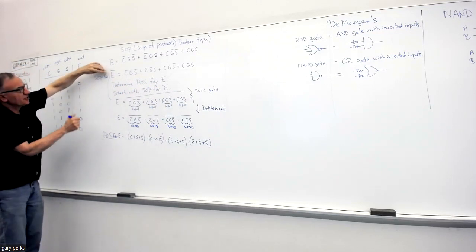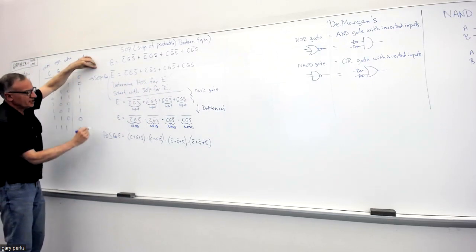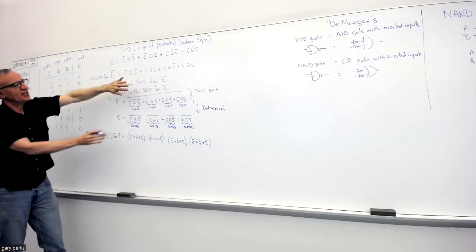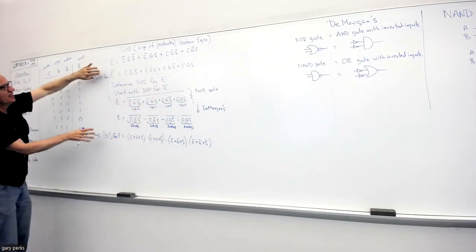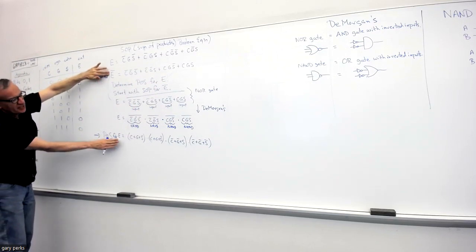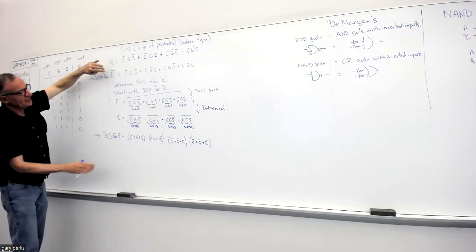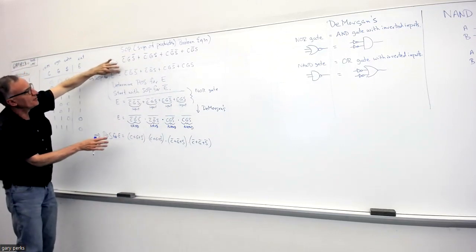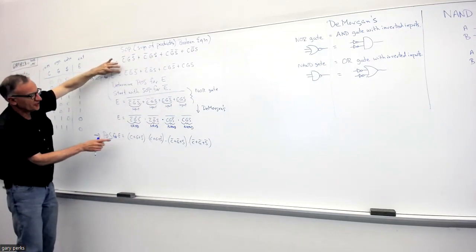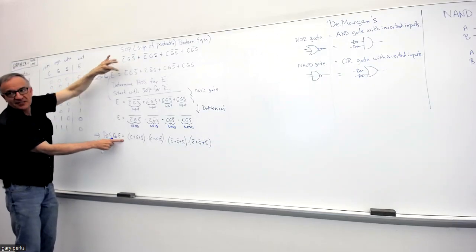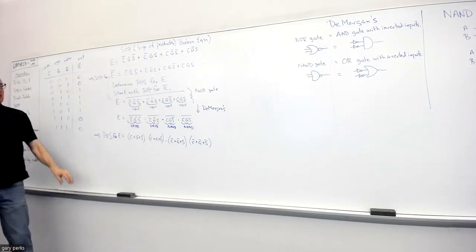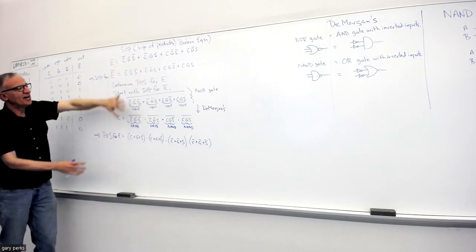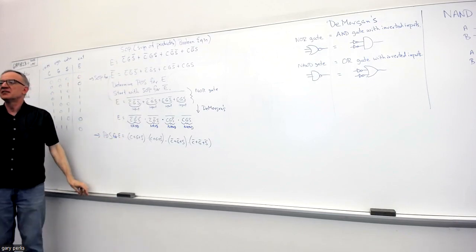And if you were just to look at this equation and this equation, just pretend like we didn't do any of this, right? Just look at what we started with and what we ended up with. Can you see a pattern here? Do you see where you could quickly go from this SOP for not E to this POS for E? How could you quickly go without doing the derivation?